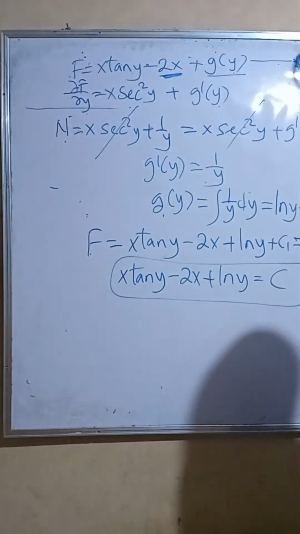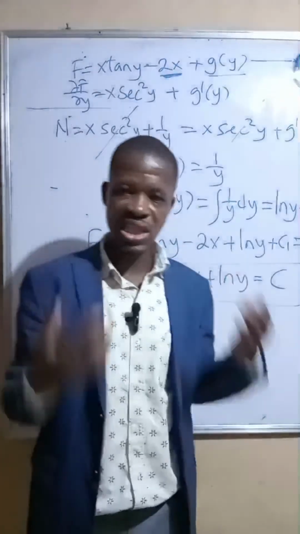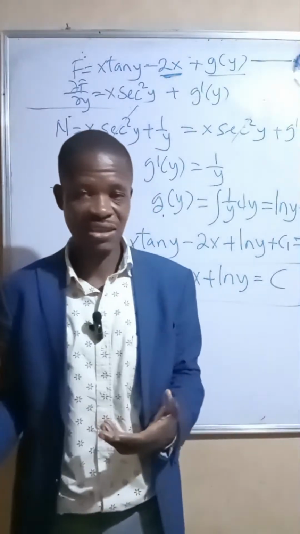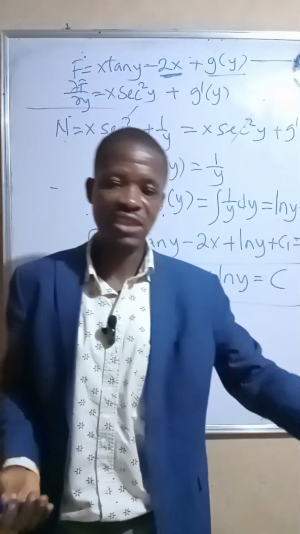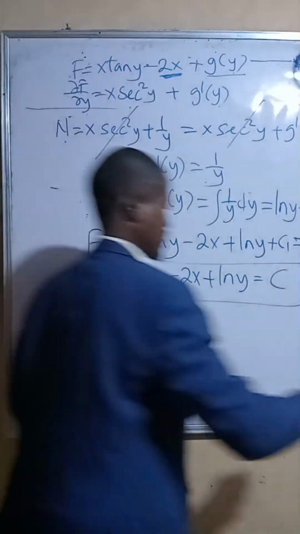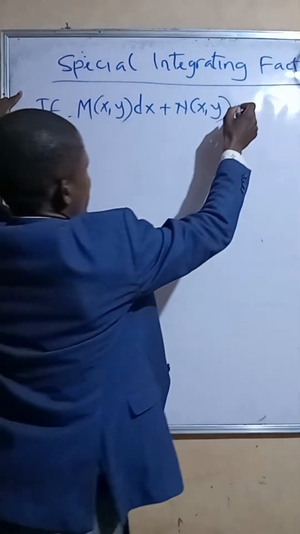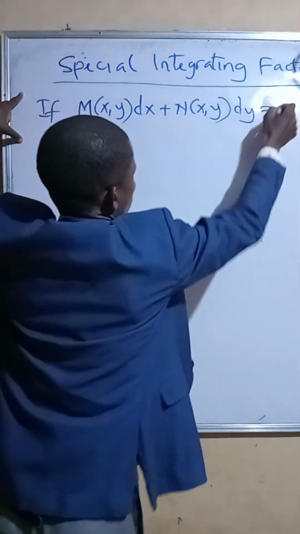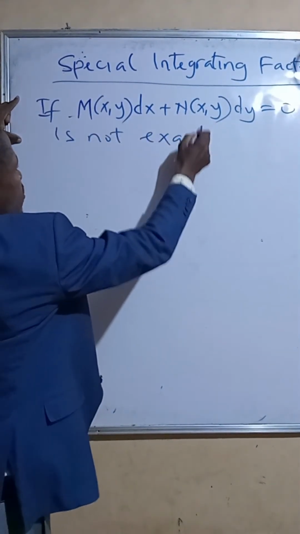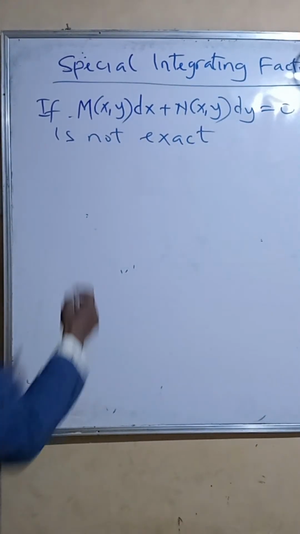We want to see special integrating factor. When your exact differential is inexact, and you are given the special integrating factor to convert it to what? To exact. So let's go there. M(x,y)dx plus N(x,y)dy equal to 0 is not exact. Then what we do is to multiply.